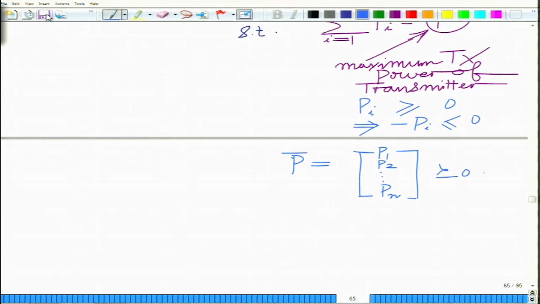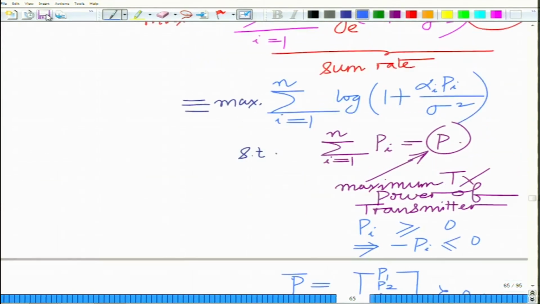Maximize the sum rate subject to the total power constraint and the non-negativity constraint that each power Pi has to be greater than or equal to 0. Now log is a concave function, and the sum of log is a concave function. So this is a maximization of a concave objective function, which I can write as a convex optimization problem.